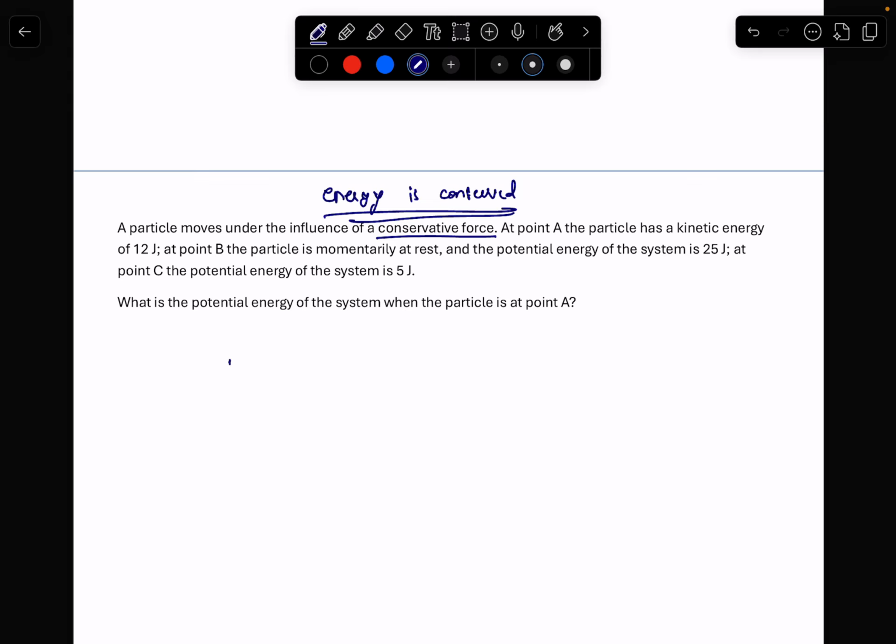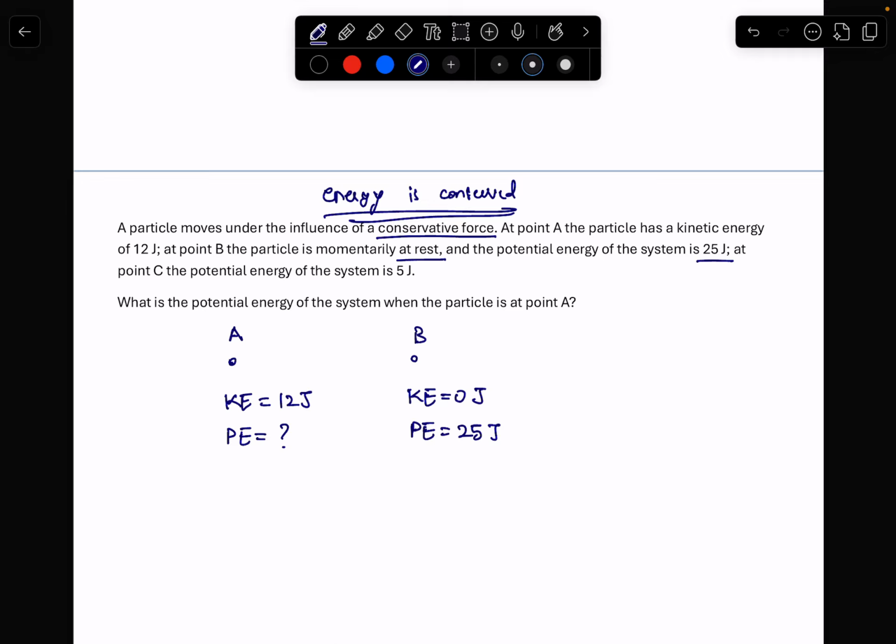So it goes from point A, where it has a kinetic energy of 12 joules. We don't know what the potential energy is here. It goes all the way to point B, where it is at rest. So the kinetic energy is 0 and the potential energy is given as 25 joules.